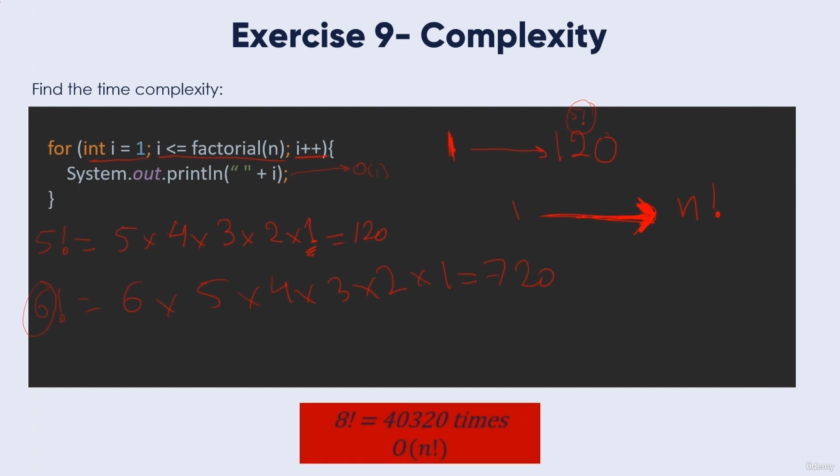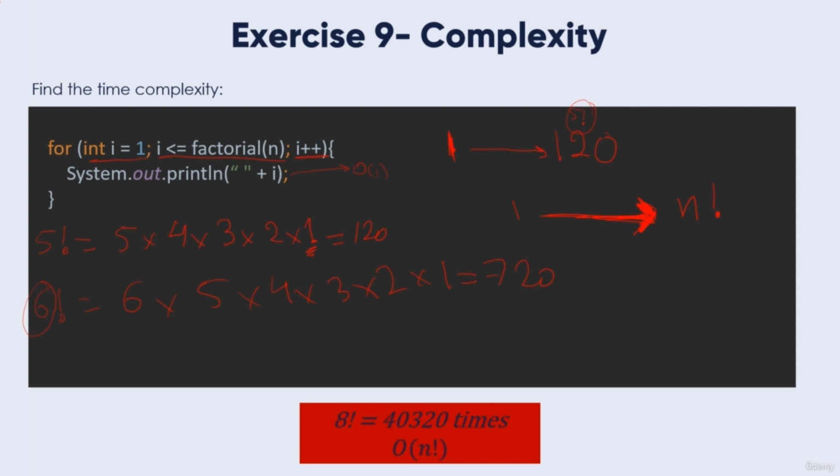And this is one of the worst algorithms and one of the worst big O notations, which is n factorial. For example, if we put n equal to 8, we are going to execute this simple statement 40,320 times.